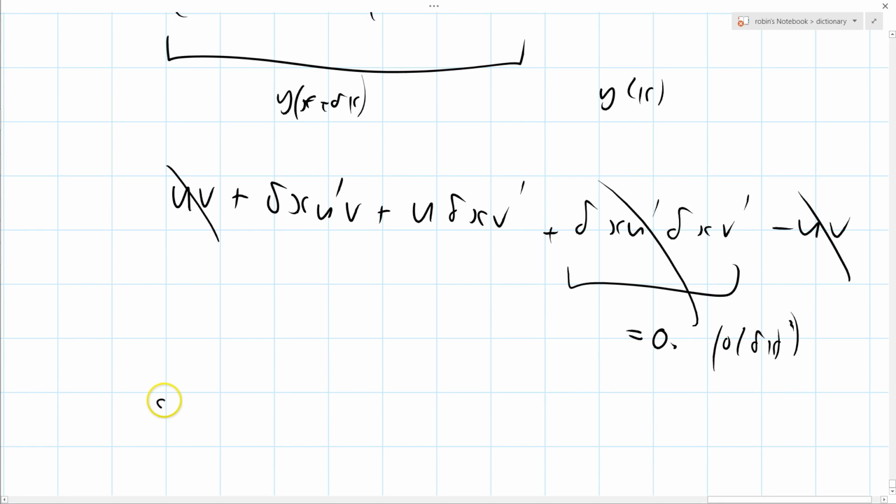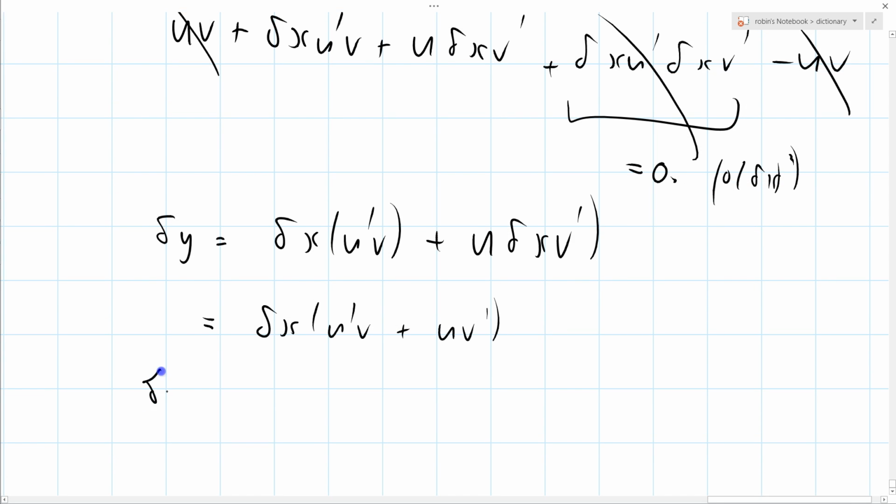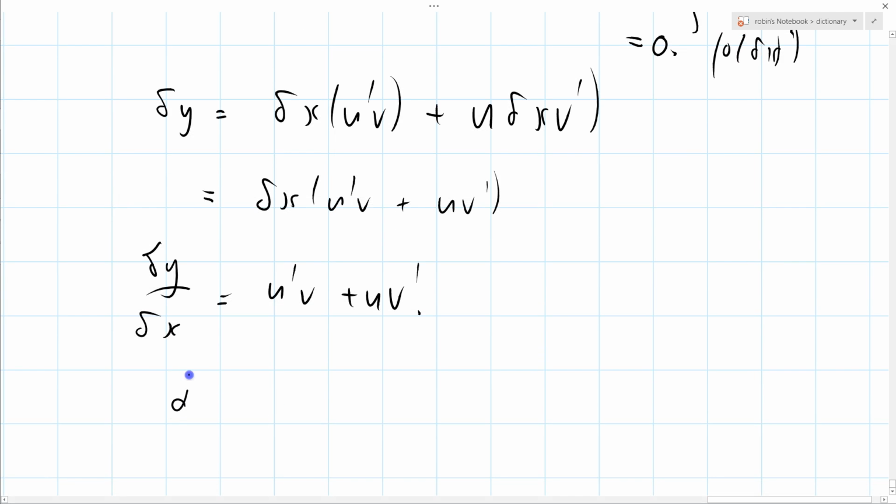And there's our formula that delta y equals delta x times u dash v plus u delta x v dash, which is equal to delta x times u dash v plus u v dash, and therefore delta y divided by delta x equals u dash v plus u v dash. So the differential equals the same thing, because we're taking the limit as delta x approaches 0. Okay, I'm going to stop there.